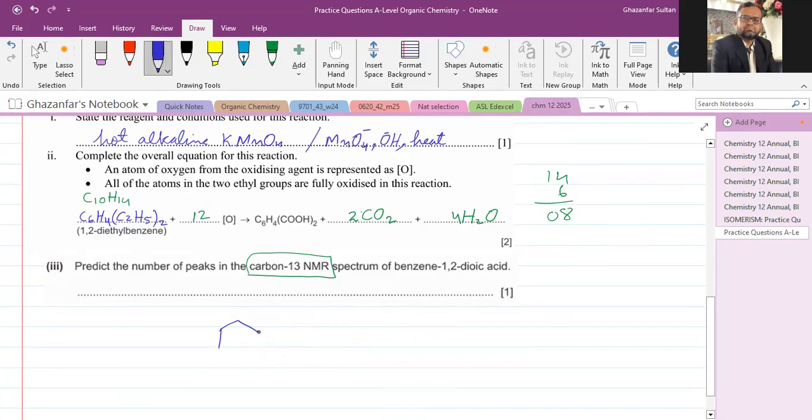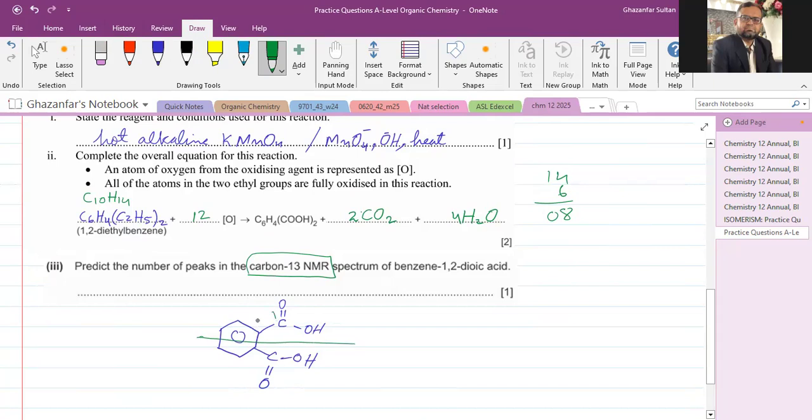So draw it again. CH2, there is another COOH. And again, this molecule also has symmetry. So you can divide it in two halves.